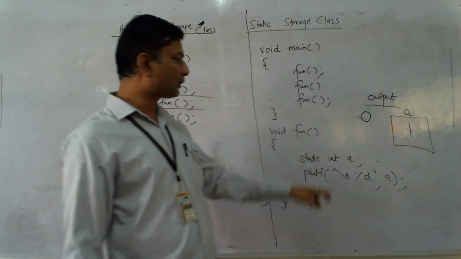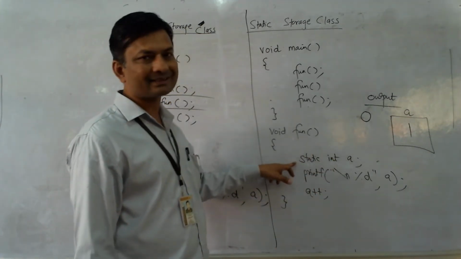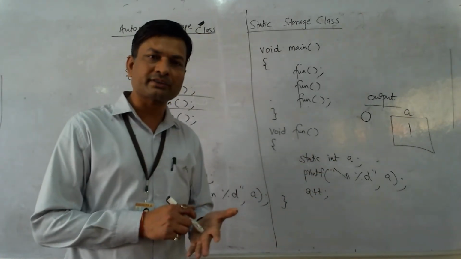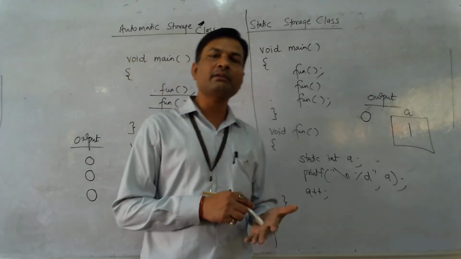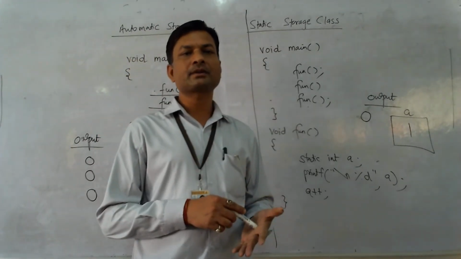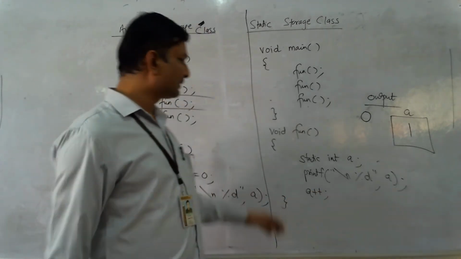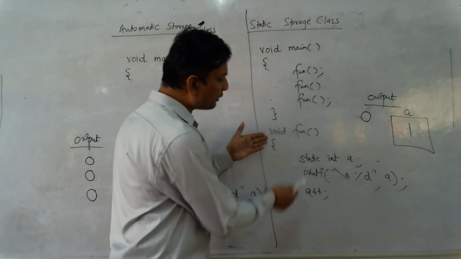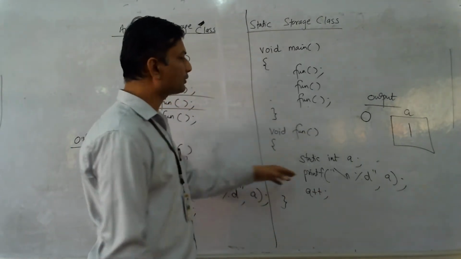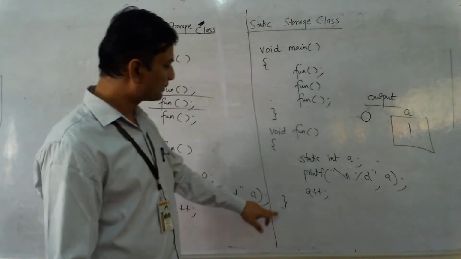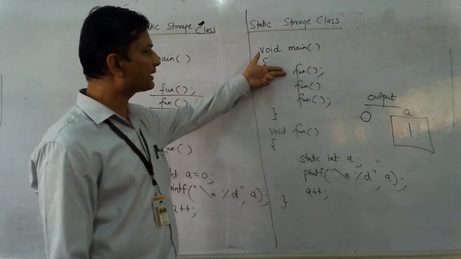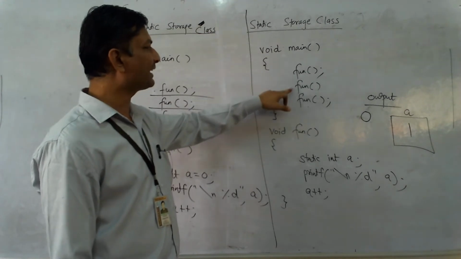Why? Because it belongs to storage class static, and as per the property of static storage class, a variable will not be deleted until the program ends. So the execution of this block ends, not the program. So this variable will not be deleted. The control returns back to the place from where it jumped. Now second line will be executed.